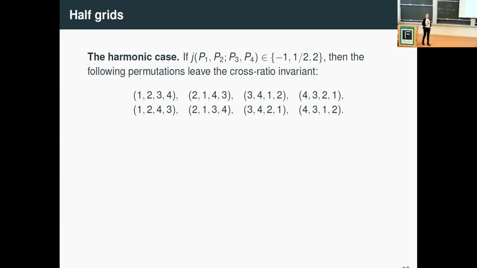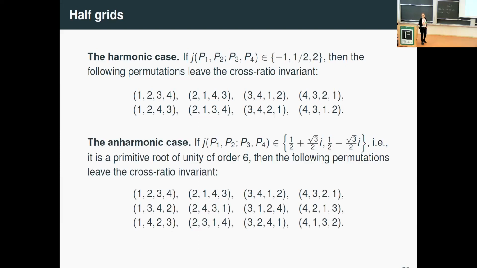In the harmonic case, the cross ratio is one of the numbers -1, 1/2, and 2, and then we have 8 more permutations which leave the cross ratio invariant. And in the anharmonic case, we have 12 more permutations which leave the cross ratio invariant.